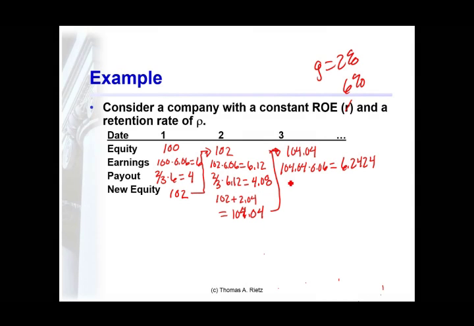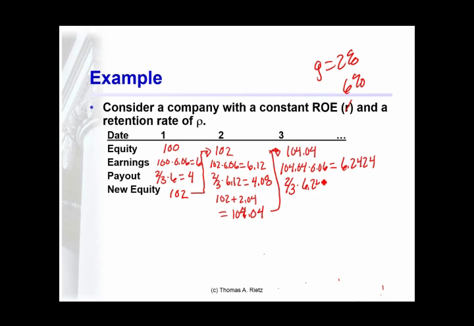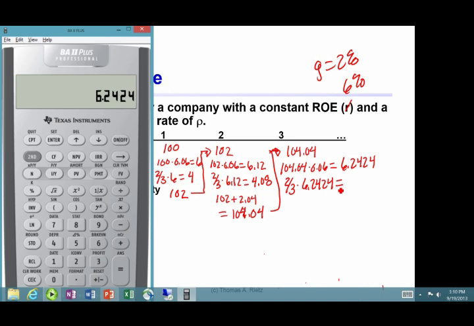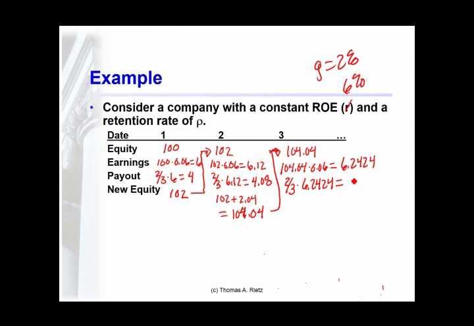Two-thirds of that is $4.1616 paid out as dividends.